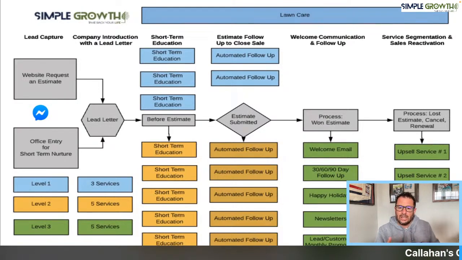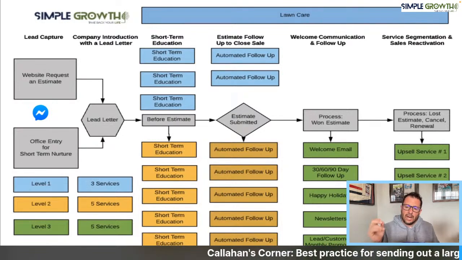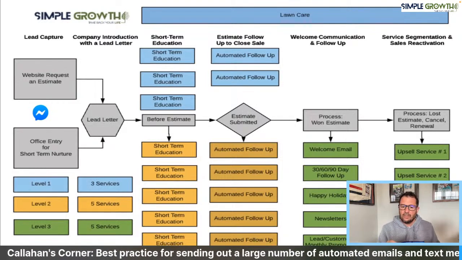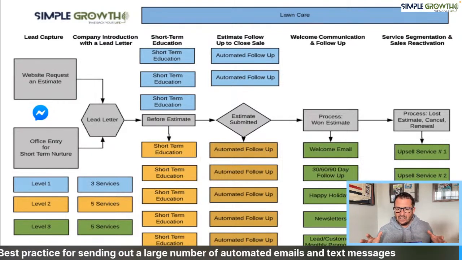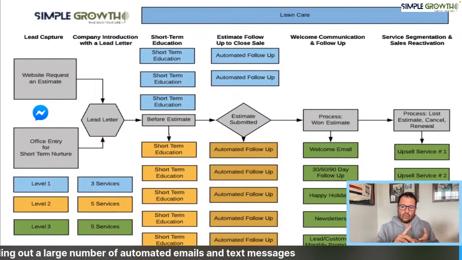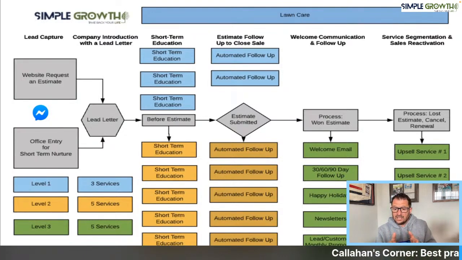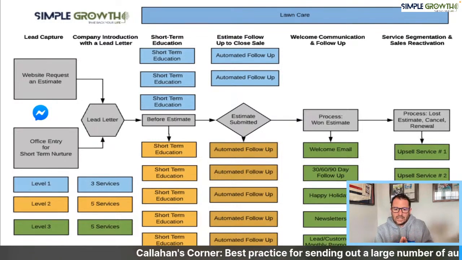They will literally email us or hop into our chat or call the Simple Growth office and say, Mike and team, please turn off the last communication for the upsells, because we have literally hit our capacity in the spring for, say, aeration or overseeding or pruning or mulching. Not uncommon. We'll see people in the first 24 to 48 hours, if they've got a decent lead base like Kelly does, get 60 to 80 estimate requests.